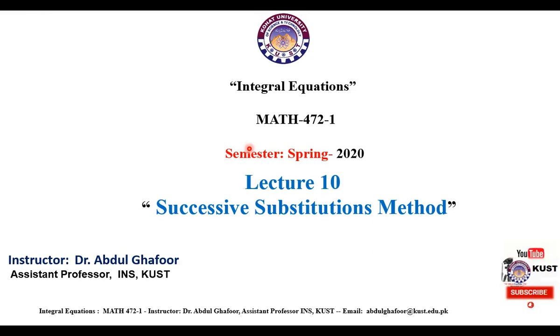This is lecture 10 of the integral equations. In the previous lecture, I talked about the successive approximations method for the solution of predominant integral equations of second kind. In today's lecture, I will discuss another method, namely the successive substitutions method, for the solution of predominant integral equations of second kind.